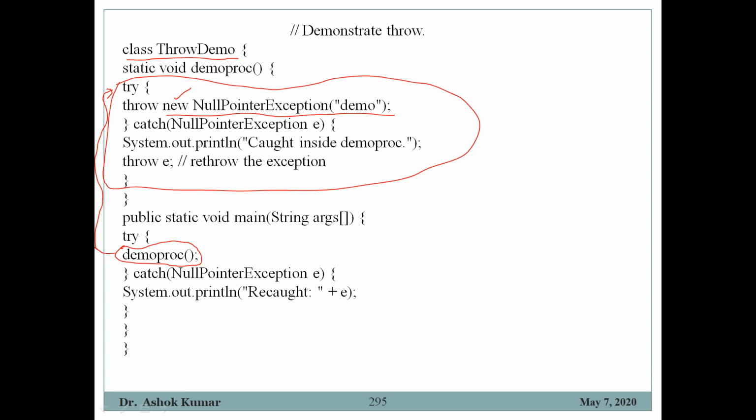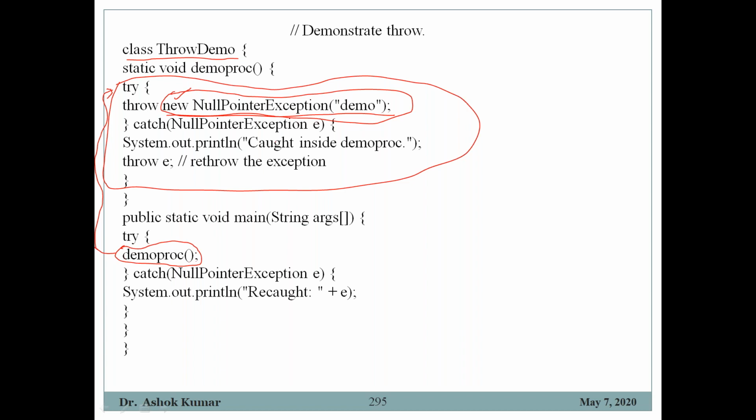Within the parenthesis, you will write any value that you want to pass to the constructor. So we are passing this demo string to the constructor of the NullPointerException class. This will create an object that I'm going to draw a boundary around.